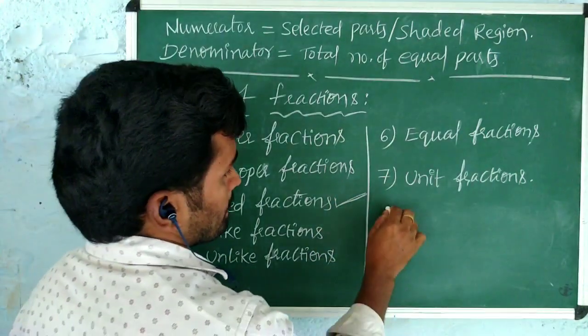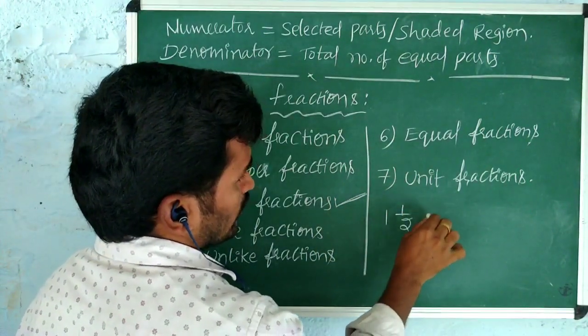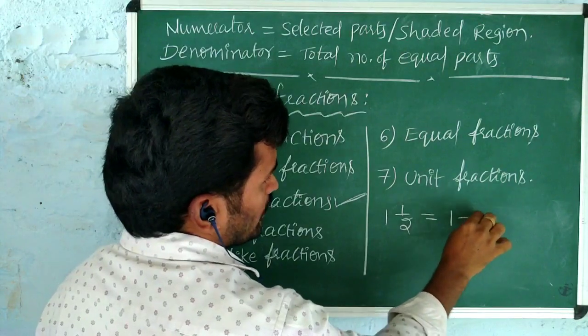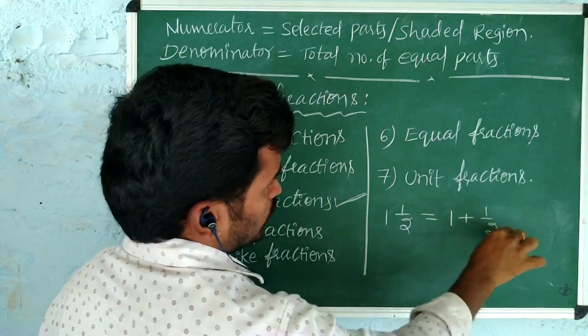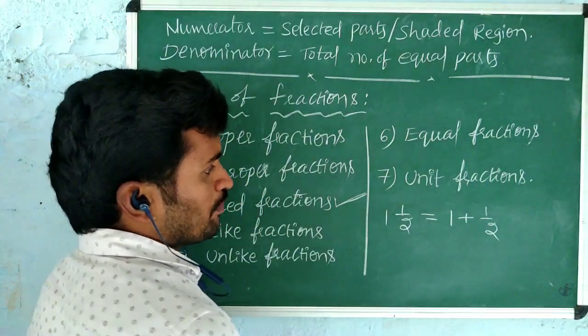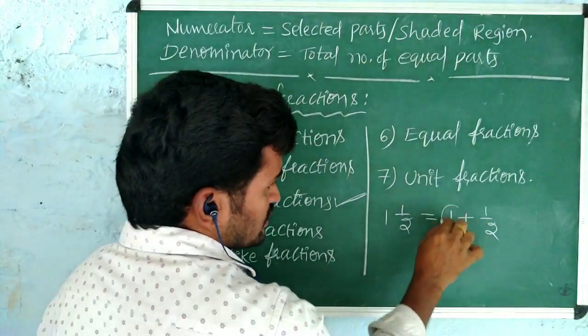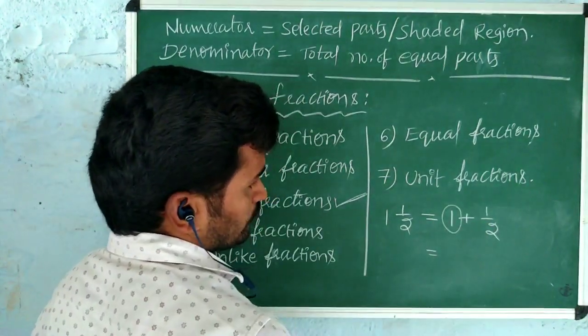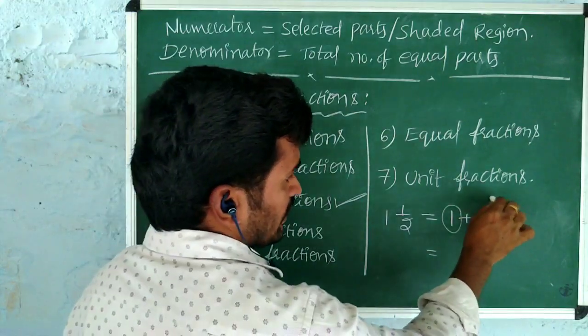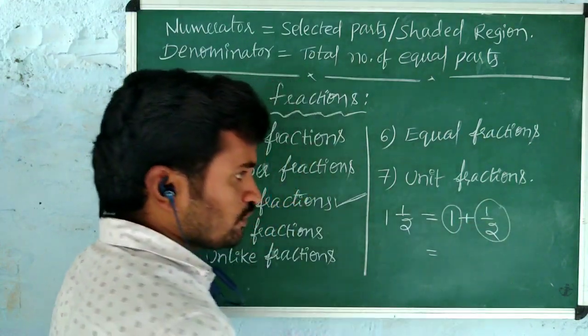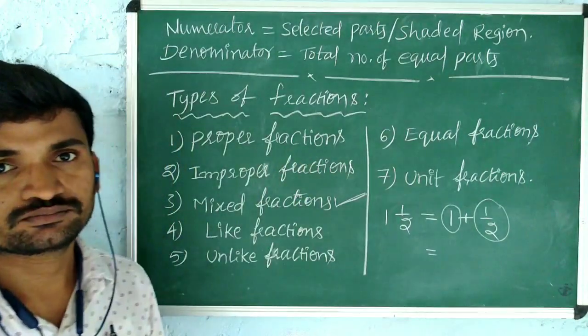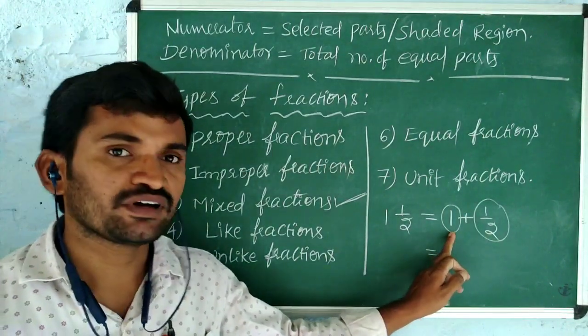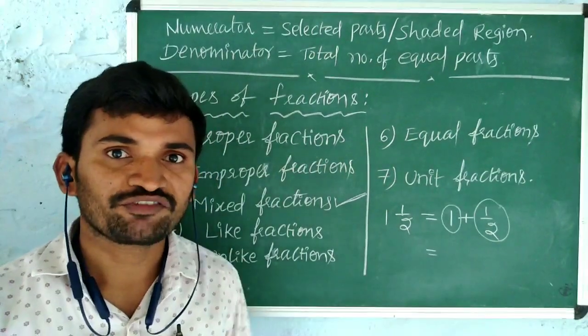Here 1 1 by 2 I can write as 1 plus 1 by 2. Here 1 is a whole number and 1 by 2 is a proper fraction.